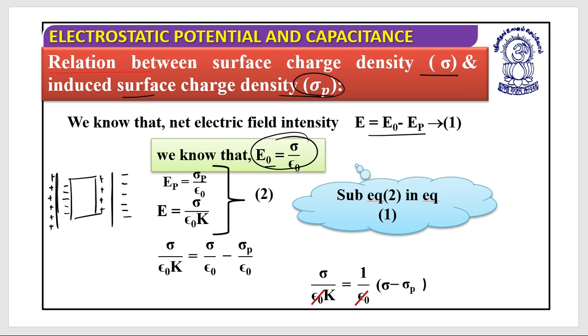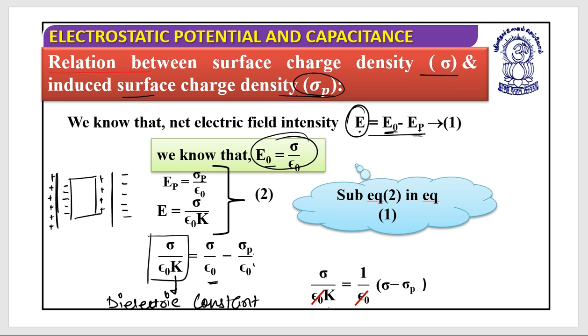The net electric field after subtracting the polarizing electric field is sigma by epsilon naught into k, where k is the dielectric constant. I hope you remember this k is the dielectric constant. E naught is sigma by epsilon naught, and E P is sigma p by epsilon naught.